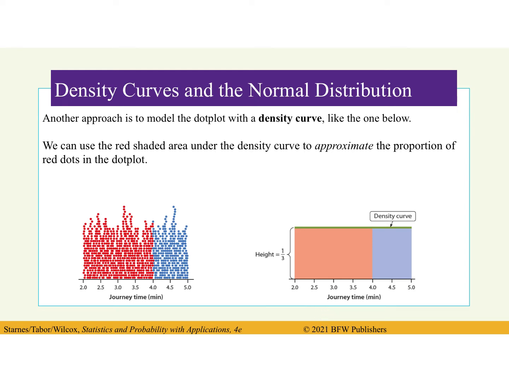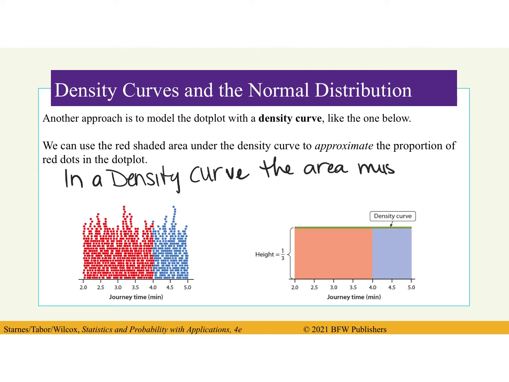Okay, so let's write that down as the first thing we write down in our notes. In a density curve, the area must add to 1, or the area must be 1.